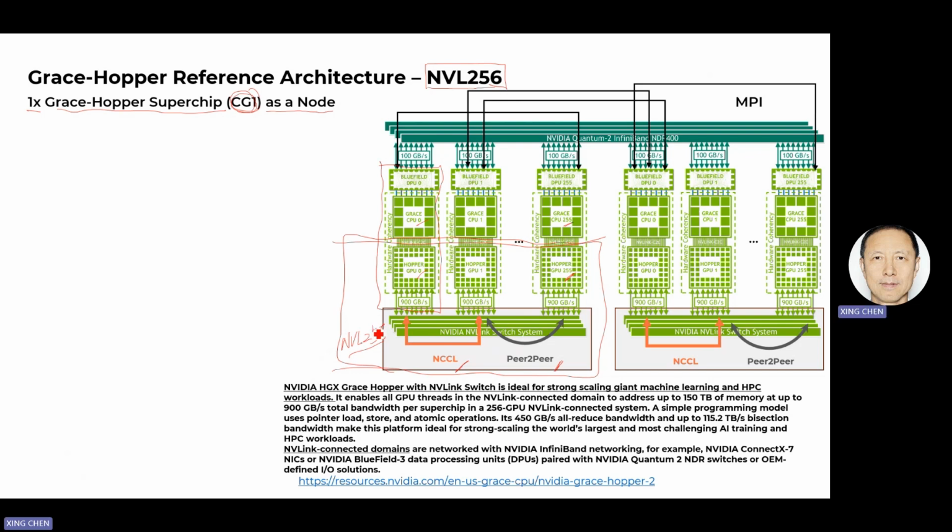We have always been discussing NVLink domains that belong to only one node. So before the Grasshopper system, NVL domains can only be attached to one host.